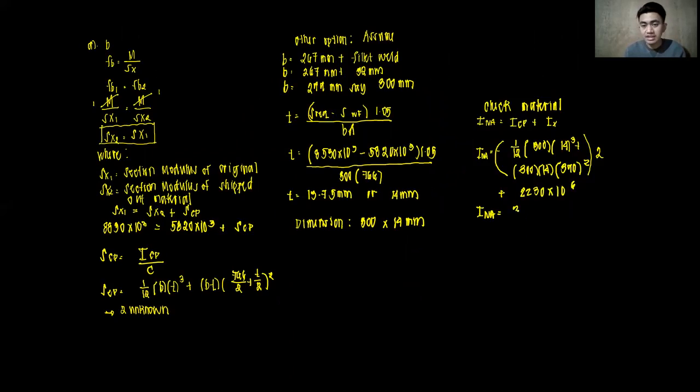That is 3508 times 10 raised to 6 millimeter raised to 4. Therefore, makukuha natin yung S section modulus ng equation natin, which is 3508 times 10 raised to 6 divided by, I will have there I. Wait, what is the value for I? That is the value for C, I should say.